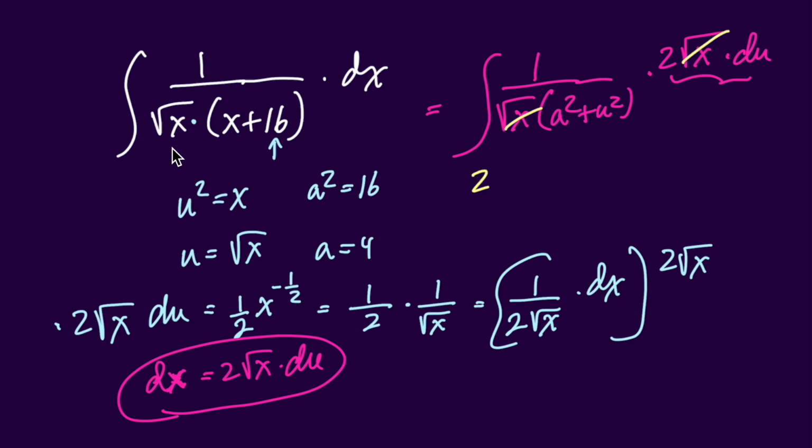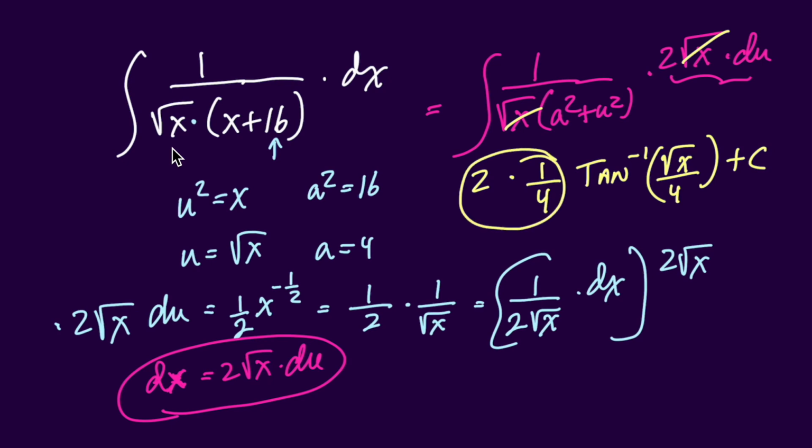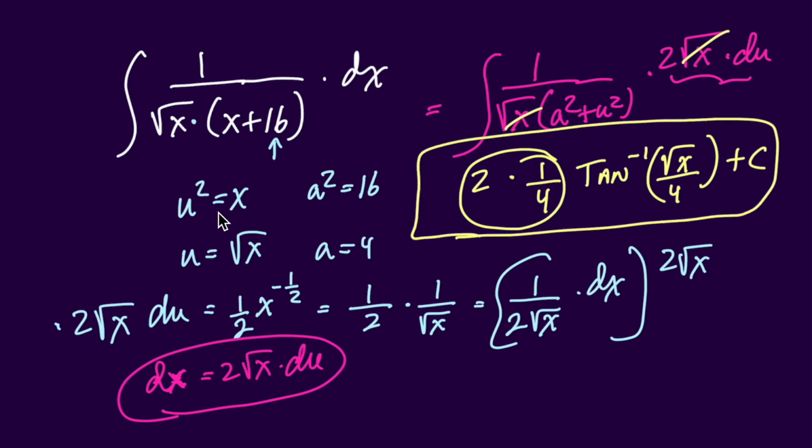We're going to pull out a 2, and we're going to have our normal inverse tangent function, which is going to be 1 over a inverse tangent of u over a, which is the square root of x over 4, plus c, and then this will simply change to 1/2 out front. So here is your final answer with this simplified to 1/2 out front.